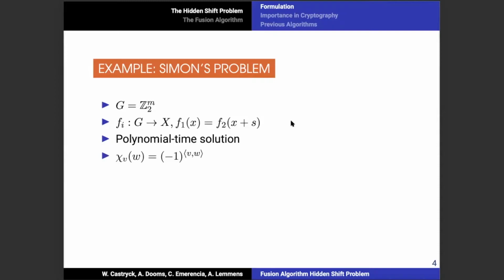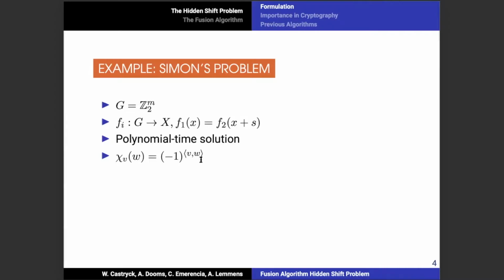So what is a character? A character is a group homomorphism from the group G to the set of non-zero complex numbers with a multiplication. This is also a group. So basically, we associate every group element to a non-zero complex number such that addition in the group corresponds to multiplying the associated non-zero complex numbers.